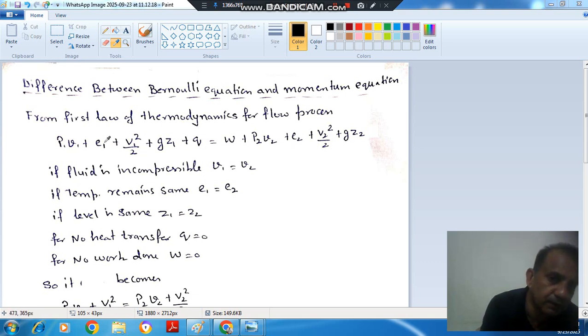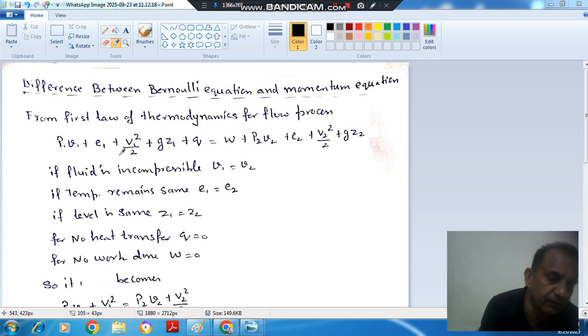So this is the energy at location 1, and this is the heat added per unit mass, and this is the work done per unit mass, and this is the energy at location 2. So it represents the energy equation.